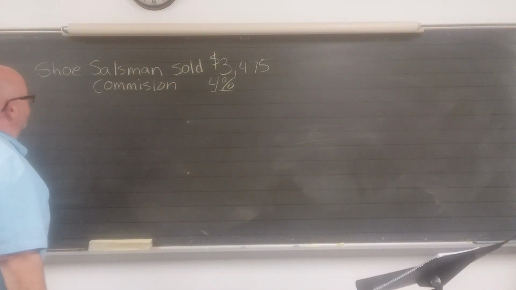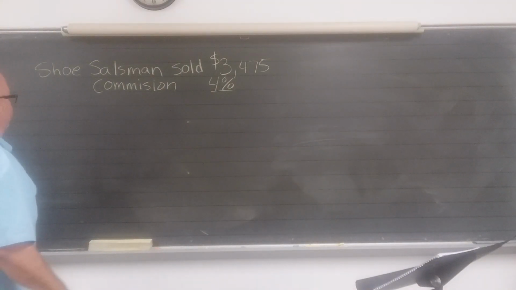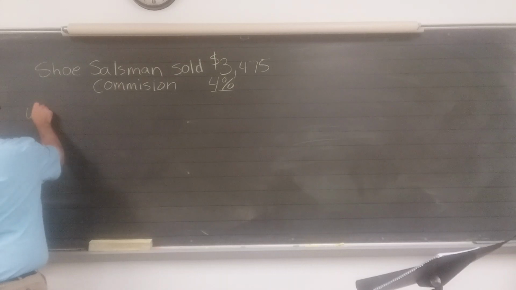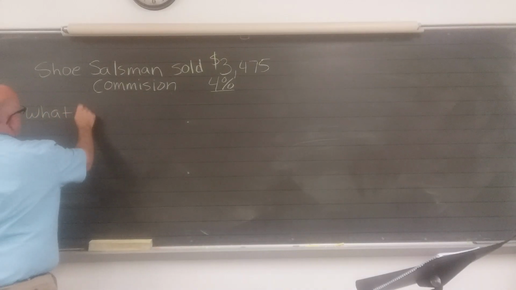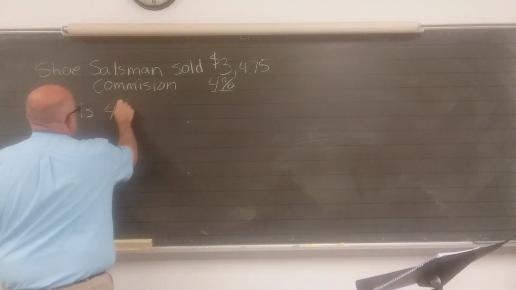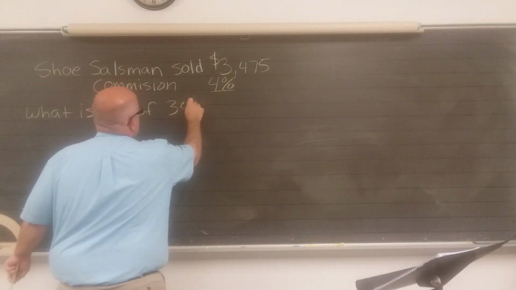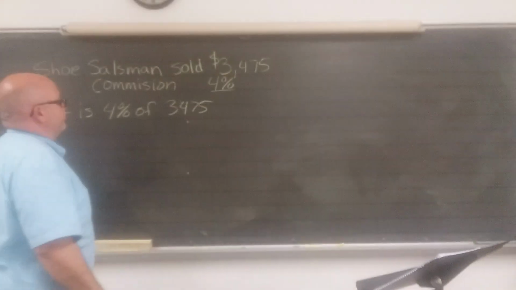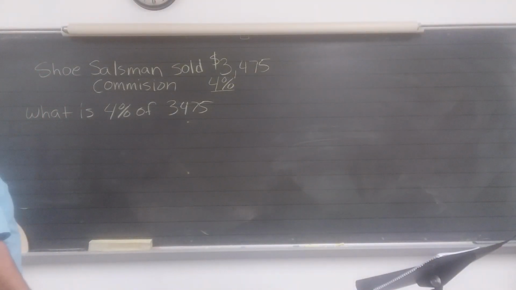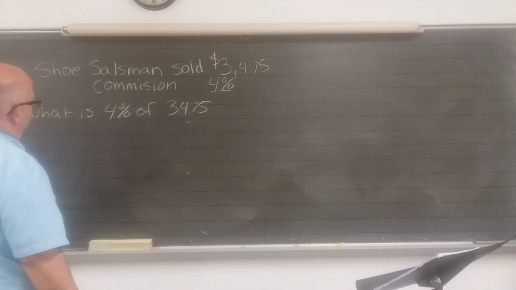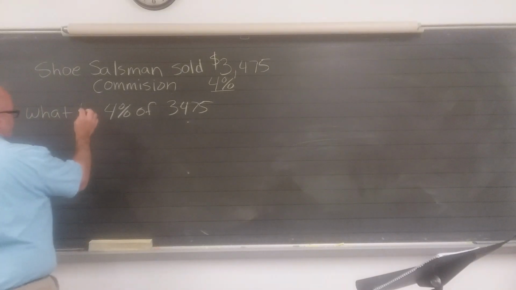So this problem reads like this. What is 4% of 3,475? Right? Which is set up like this.